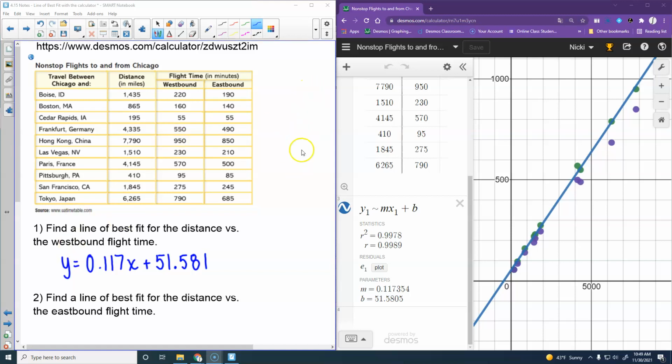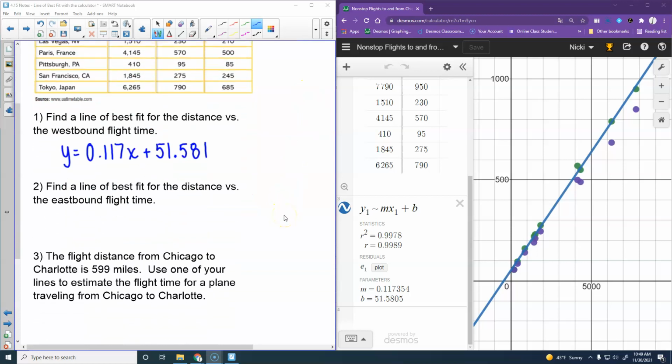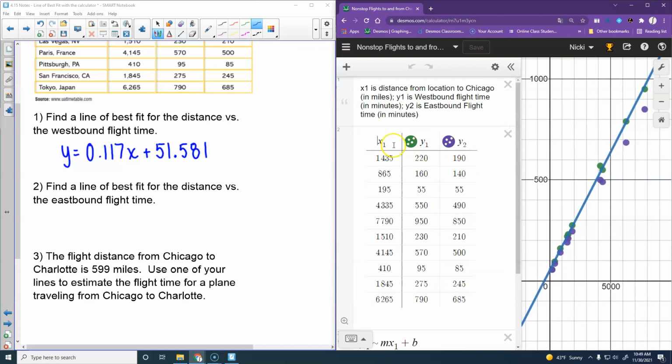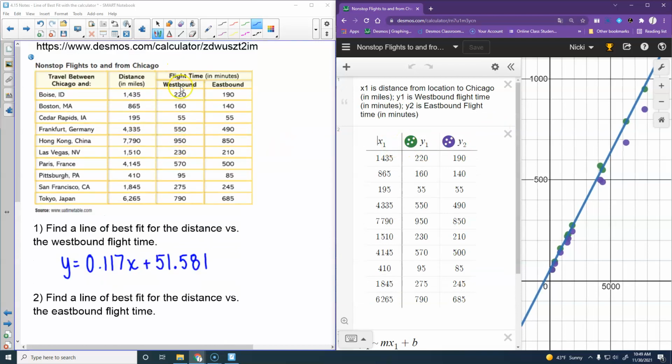All right, so let's also find a line for distance versus eastbound flight time. So we're going to have to do something a little bit different here. Our westbound flight time was Y1 in our table here. What is our eastbound flight time?